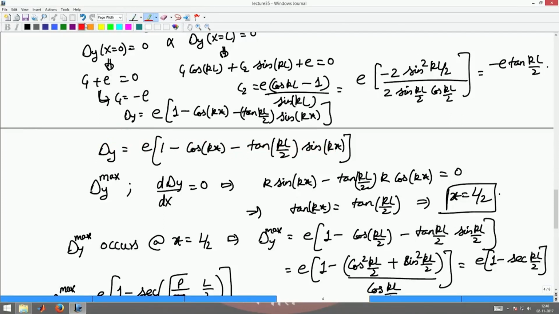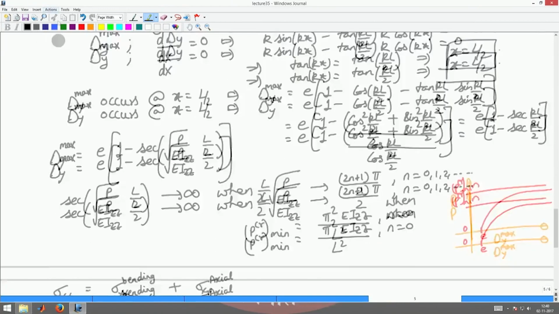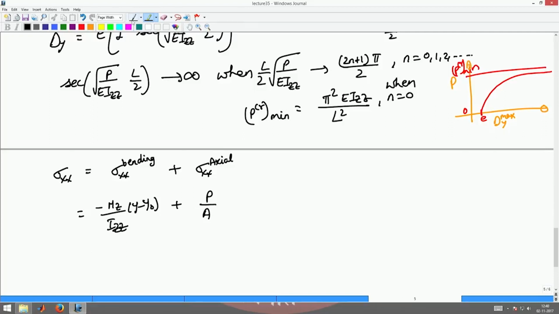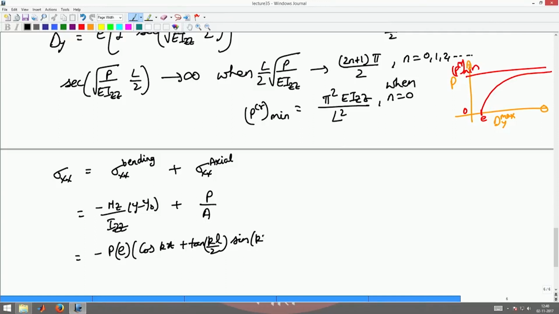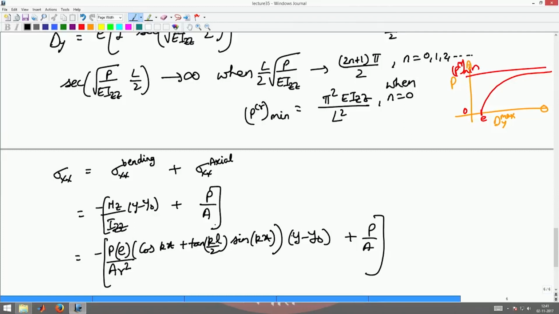So E minus delta y would be, so I will get this as minus P into E into cos kx plus tan kL by 2 into sin kx, into y minus y naught by A r square, where r is the radius of gyration as before, plus P by A. Here I should add the bracket there because the axis is negative.